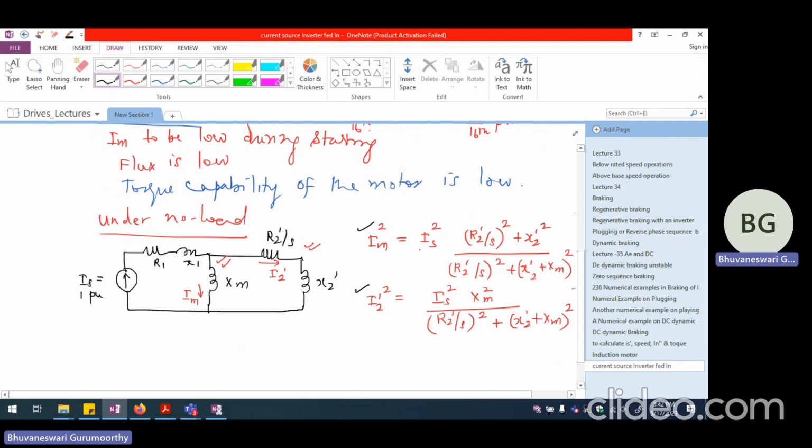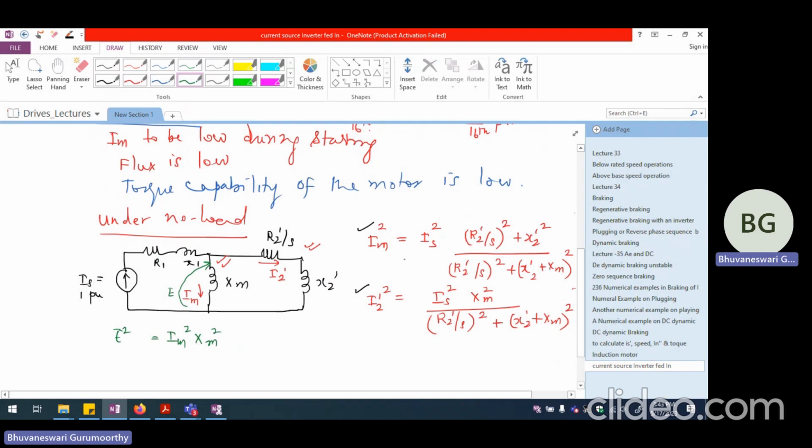From comparing these two equations, one more thing we can write is, if I am talking about this particular voltage which is appearing across this Xm as E, again I should be able to write E square equal to Im square multiplied by Xm square.